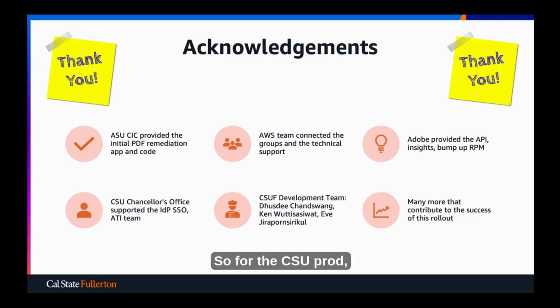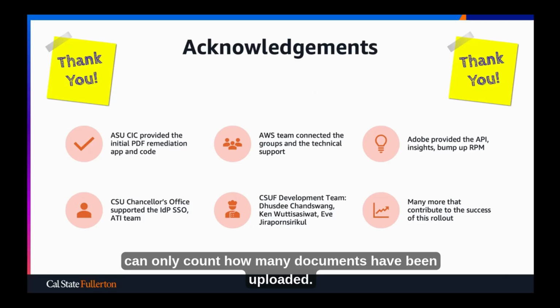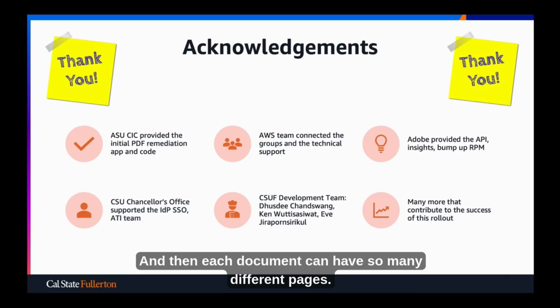For the CSU prod, we have over 250 users who are currently signing in and about 600, close to 700 documents. On my average, I'm not using the count per page cost, just because I can only count how many documents are being uploaded, and each document can have many different pages.